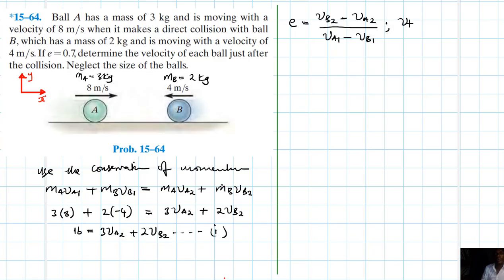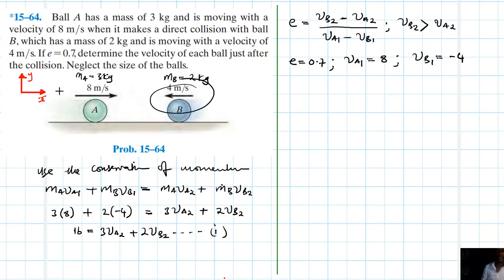This is in a case where we're assuming vB2 is greater than vA2. So e here is equal to 0.7, vA1 is equal to 8 and vB1 is equal to minus 4, since it's in the opposite direction to the assumed direction.